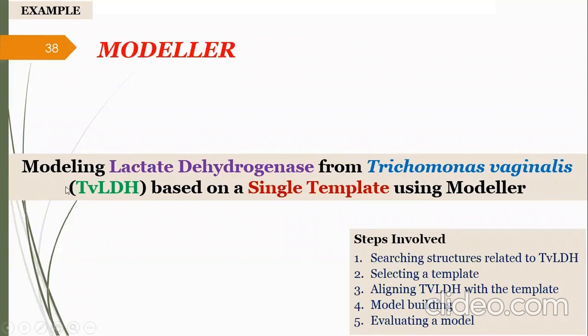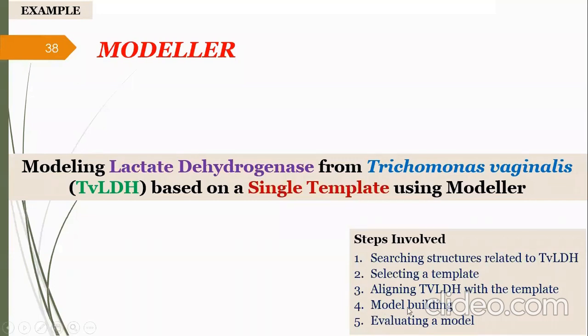This protein needs to be modeled based on a single template using MODELLER. The steps involved are searching for structures related to this protein, searching the template, aligning the template with the sequence, and after that model building.